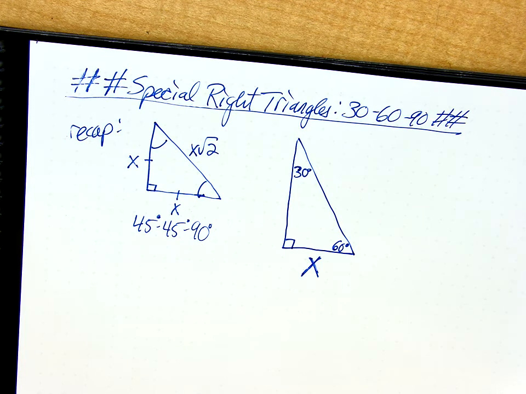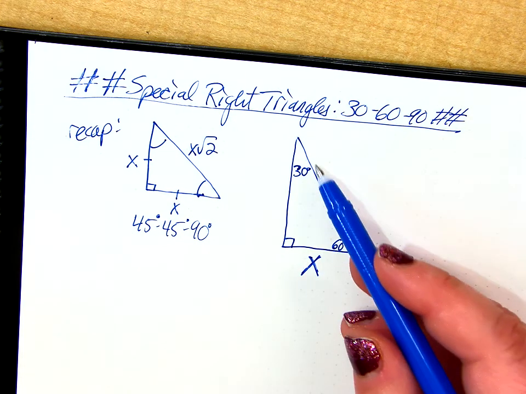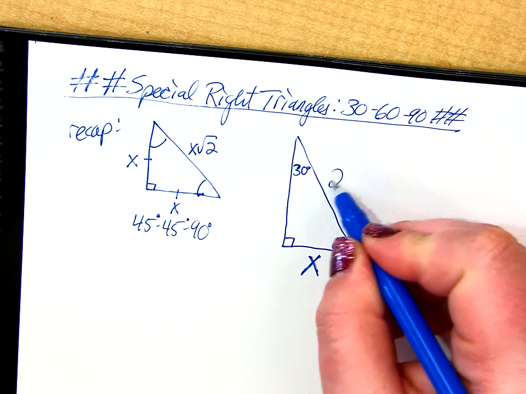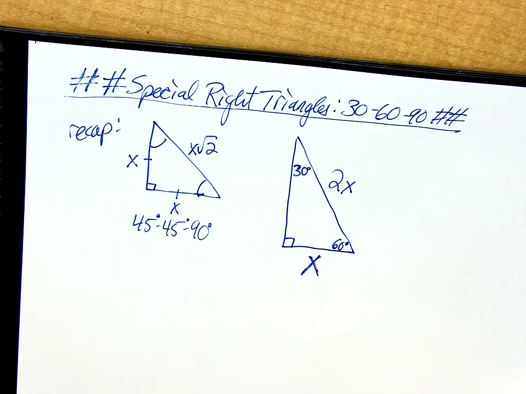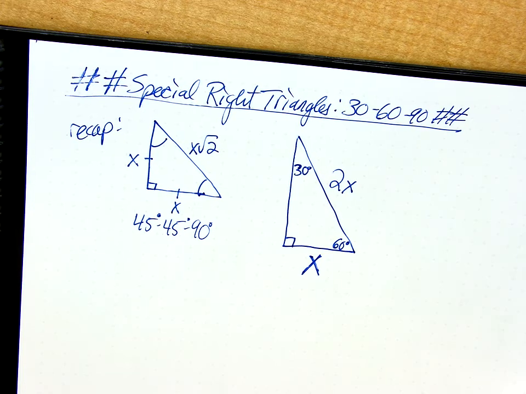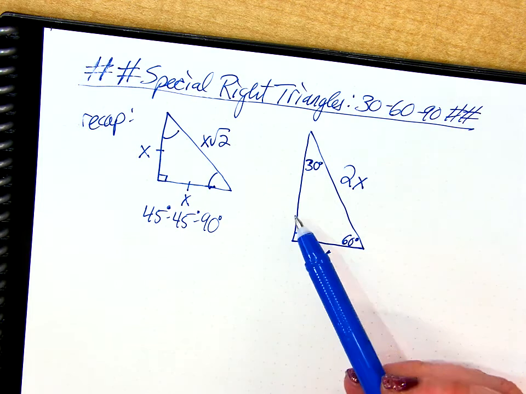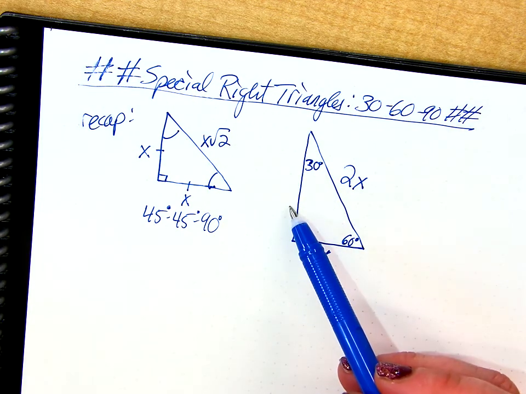The next easiest one to get is actually your hypotenuse. Does anybody remember from geometry if the short side is x, what the hypotenuse is? Yes, it's just double it. It's 2x. And does anybody remember what this middle side's going to be?